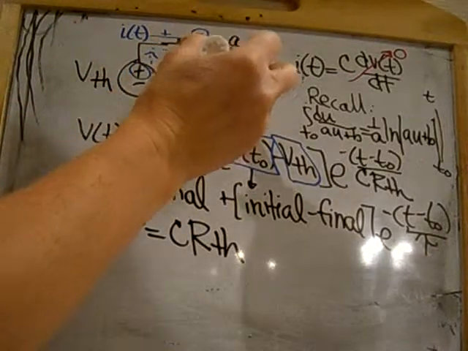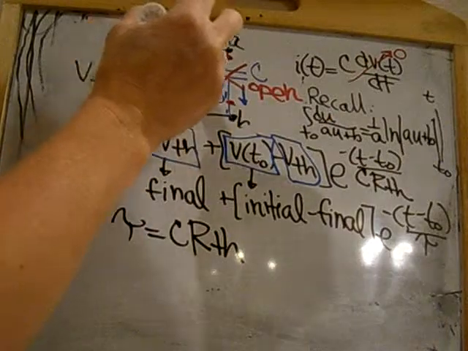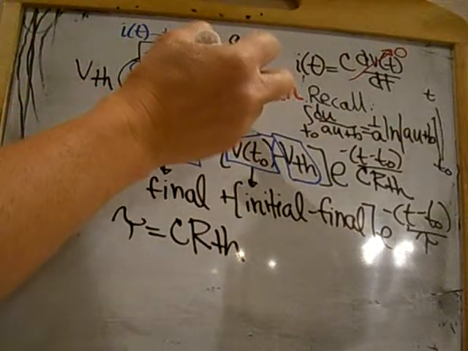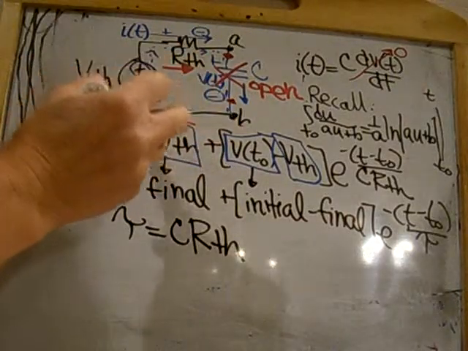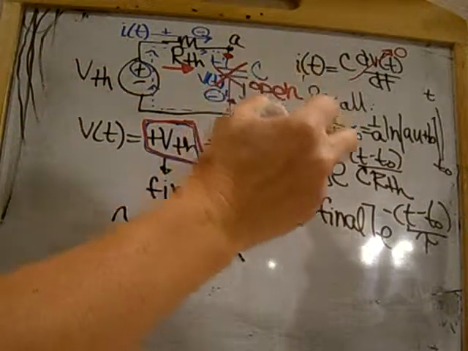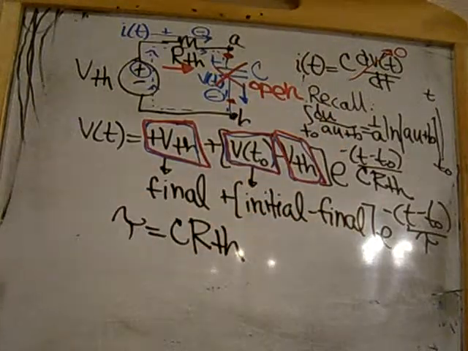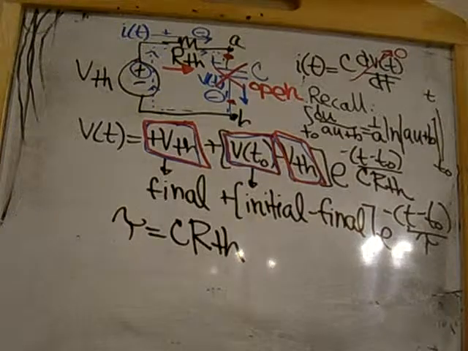So if this becomes an open, there's no current flow here. And so the voltage between this point and this point will be just VTH. So that would be our final value, which you see it is here. VTH is our final value. V of t0, which is the initial value, is found dependent on just the initial conditions of the circuit.